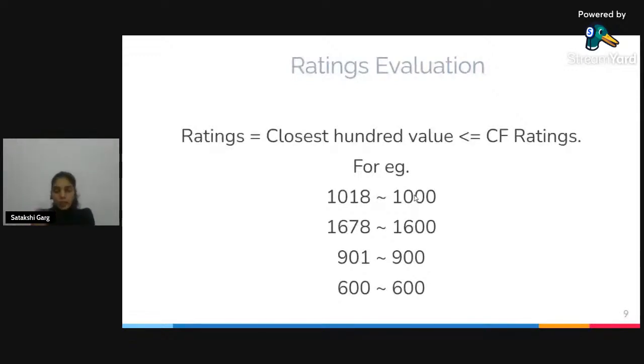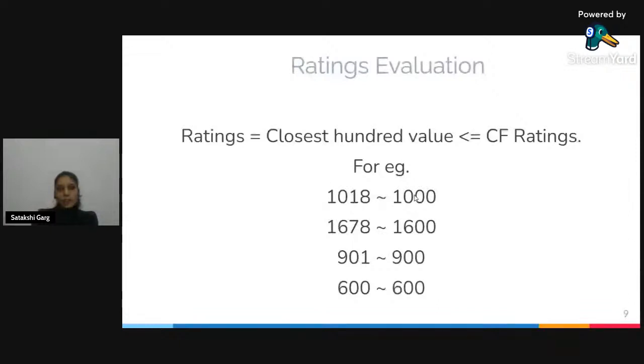Suppose your current rating is 1100 and during the camp you participate in a contest and it falls to 900. Don't think that now that would be considered as your rating. 1100 would be considered the initial rating, which I'll share on the group, saying this is your current rating and this is the level of problems you have to solve. So that will be shared on the group, so you don't need to worry about it much. But I had to tell you, so I am telling you.